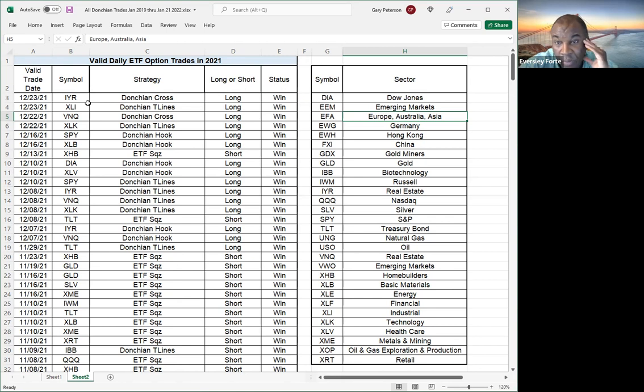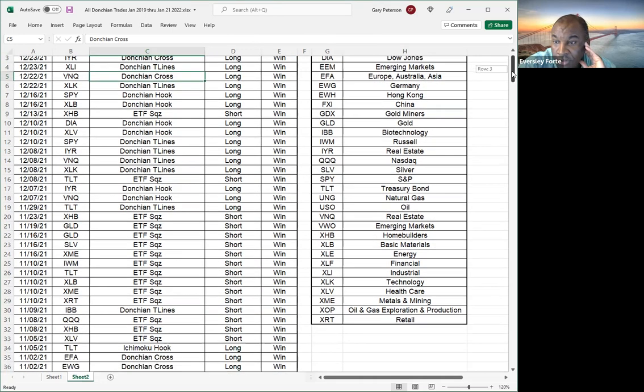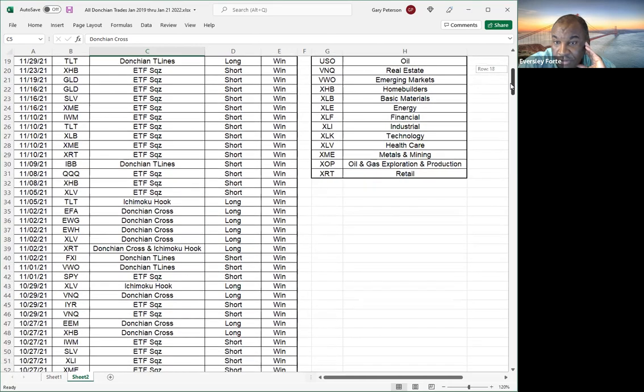So if we take a look at our win-loss status for the last few months, these are the different strategies we have. We're going over the Donchian Cross today, but there's 6 strategies total in the daily grouping of strategies. These are all the different chart strategies we trade, long and short. And you can take a look at the wins versus losses.